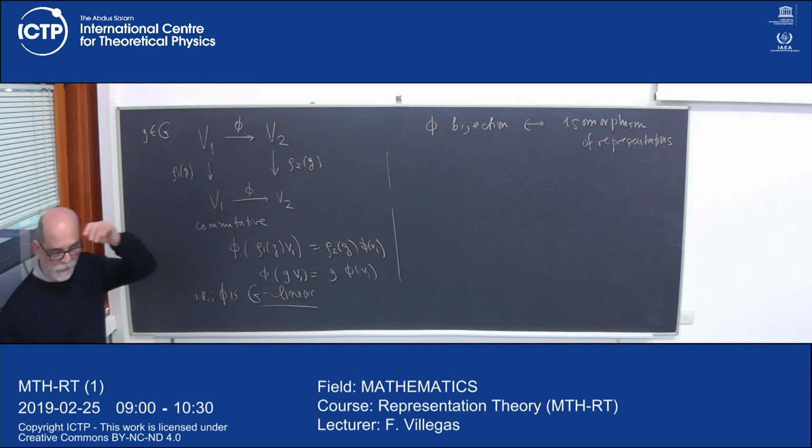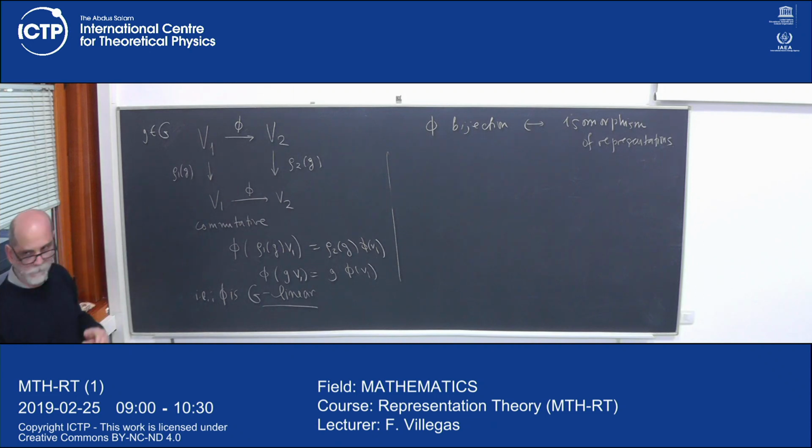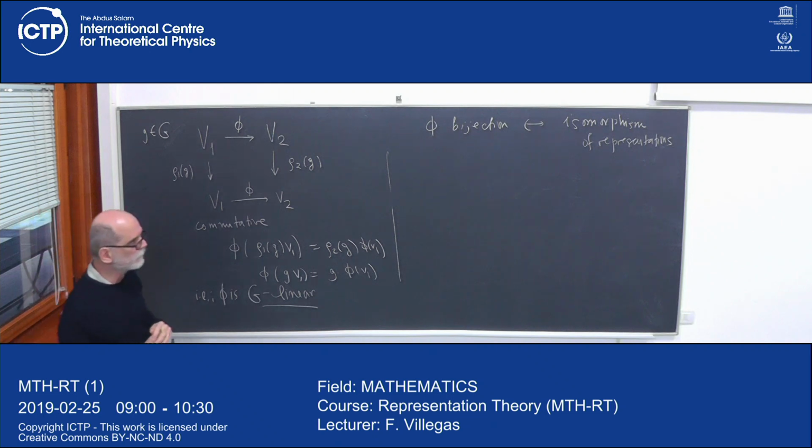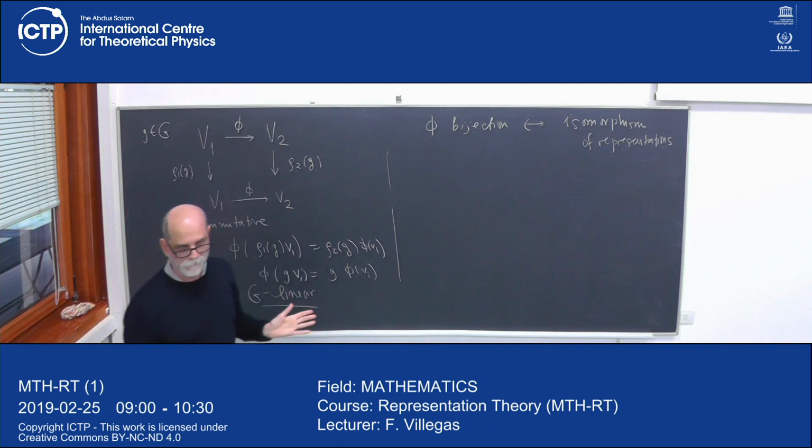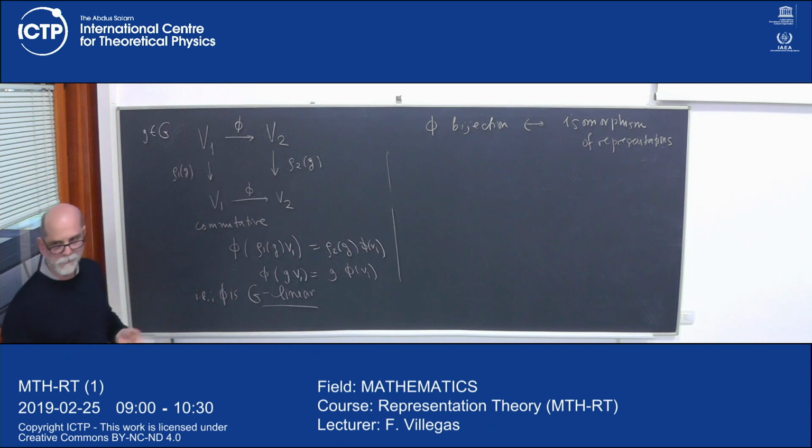So just to jump ahead, what we're going to prove is if you give yourself a finite group, there are in fact finitely many isomorphism classes of irreducible representations. So all representations will be sums of irreducibles, we'll prove that, and those irreducibles are in fact finite in number.